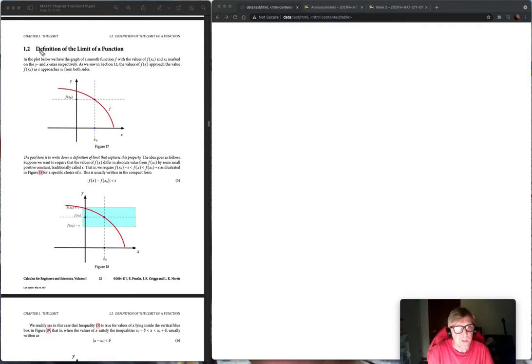So the definition of the limit of a function, what is that? There's a bunch of stuff that you're going to see in this book that looks really confusing. And by the way, the very first thing you should do is read. Go read the text. If you haven't done that, you need to go back and read through, at least very quickly, section 1.2 and 1.3.